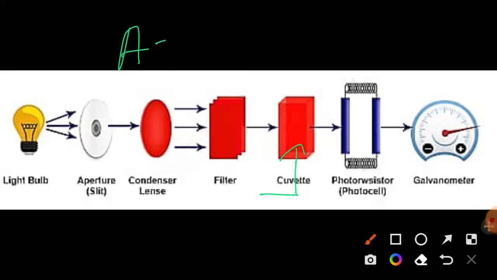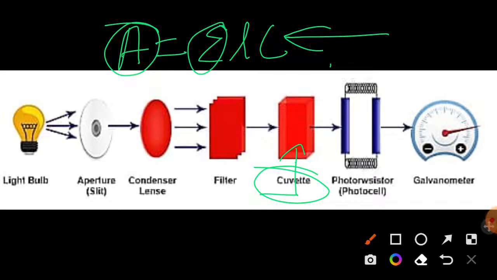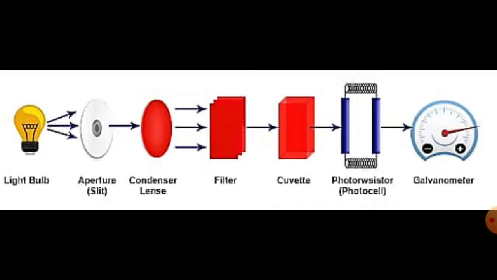So from absorbance we will apply the Lambert-Beer law, which is epsilon LC. Now L is available, epsilon is also available, and absorbance is available. So this is not a hard task to find out the concentration. That is the idea of Lambert-Beer law, and also the idea of colorimetry and absorption spectroscopy. I hope you have enjoyed this and understood it very well. Thank you for listening to this class.